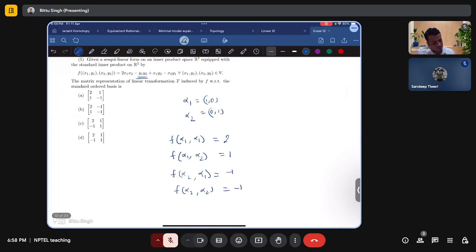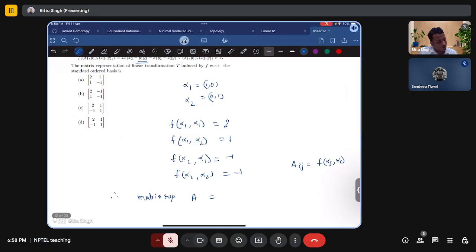Therefore, the matrix representation is given by f of, so if the matrix is A, then Aij is same as f of alpha j comma alpha i. So first one will be alpha 1 alpha 1, that is A11. A11 is this 2.